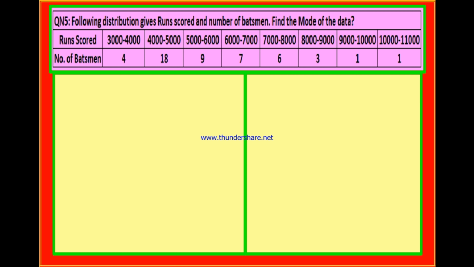Here in this, the first row contains the runs scored and the second row contains the number of batsmen. The runs scored between 3000 to 4000, the number of batsmen is 4.